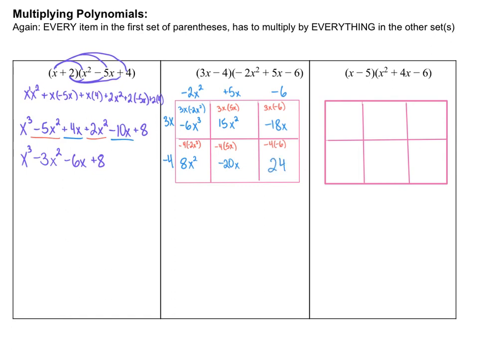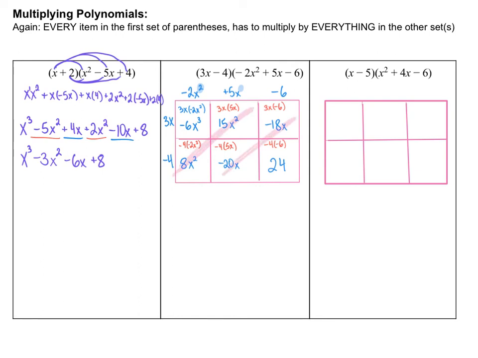All right, so now I've multiplied every single part together, and I just need to combine like terms. Now, if you set it up in standard form, meaning the highest exponent, so in this case 2, going down to the lowest, things line up for you. I have my x squareds on this diagonal.